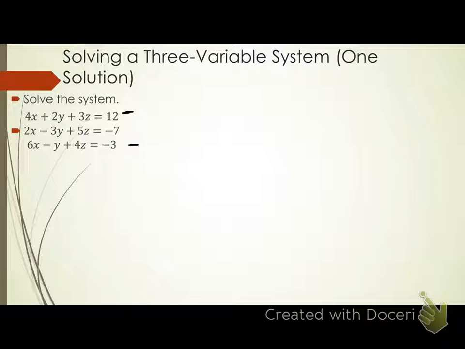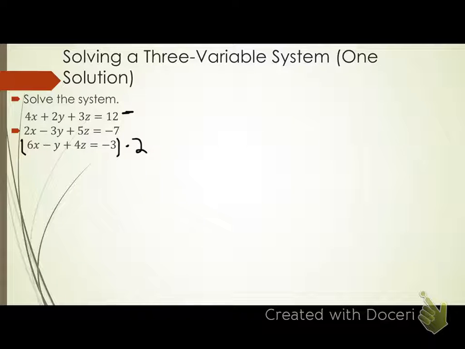So I said I want to eliminate my y. So my first equation has a 2 in front of it. My third equation has a negative 1. So I'm going to multiply my third equation by positive 2.